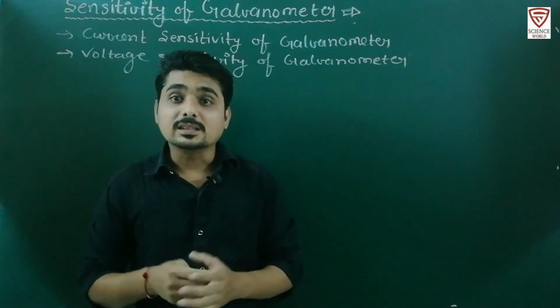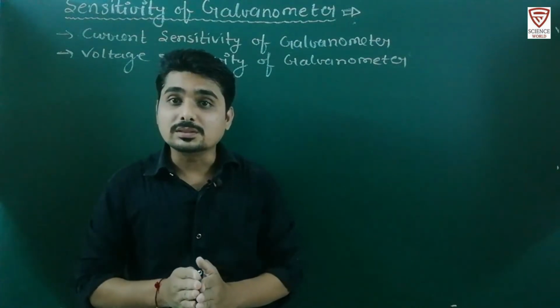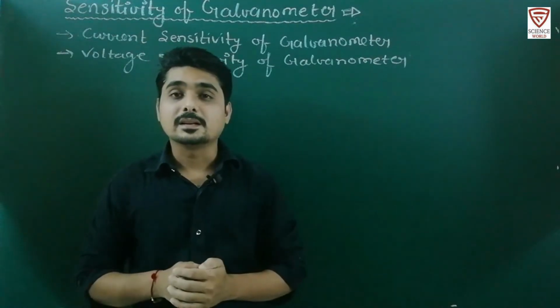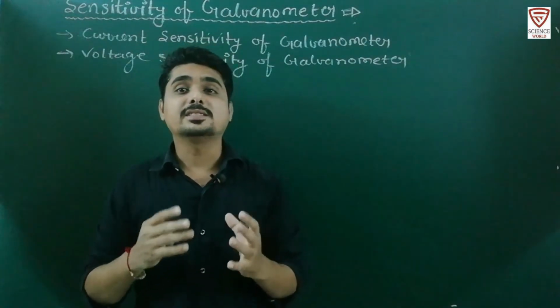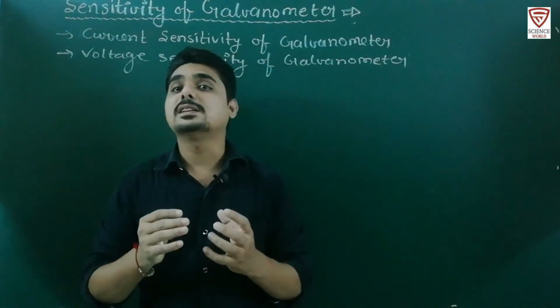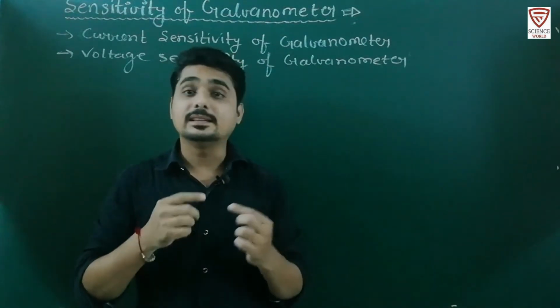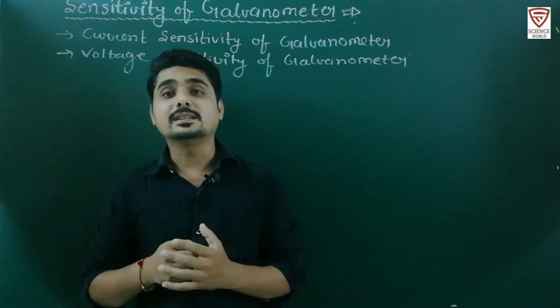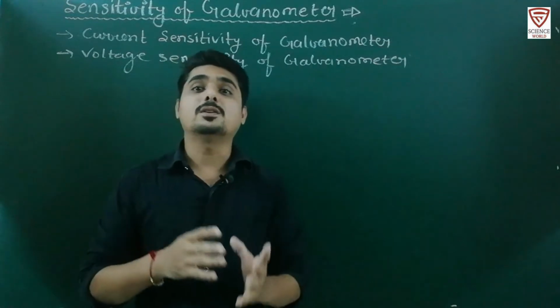Why? Because for the same value of force, the chair moves more than the car. So we can define sensitivity as: for the same input, the machine which has more output is called more sensitive. We can apply this concept in the galvanometer too.